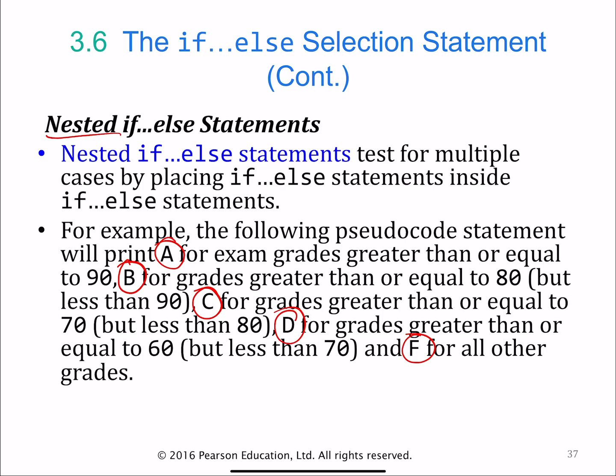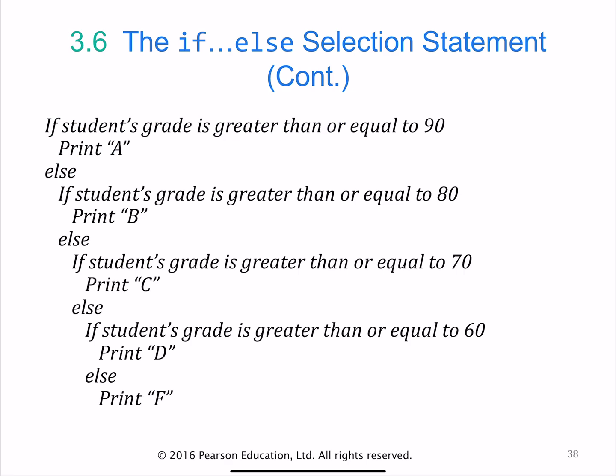So one way to accomplish that using the if-else selection statement that we've seen is this. This is one way to do it, pseudocode. Okay, so if the student's grade is greater than or equal to 90, print A. If not, we will jump into the else block, starting here.